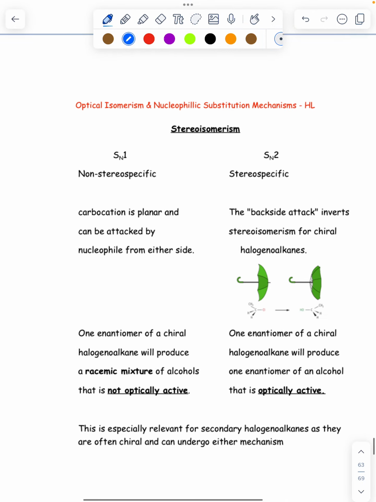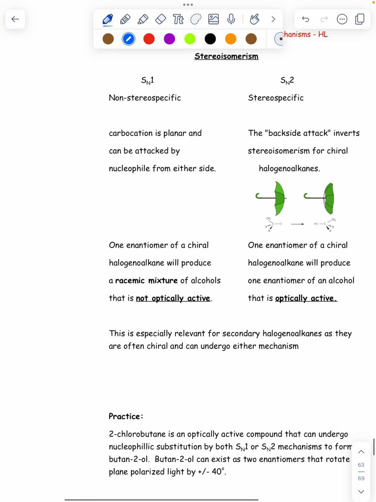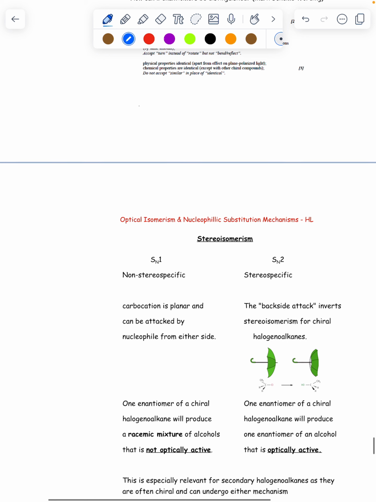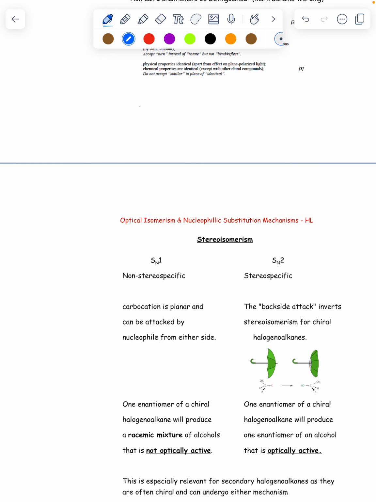Okay, here we go. Now, in HL, we also talk about chirality and this idea of optical isomers and enantiomers, these non-superimposable mirror images of each other. And so sometimes when we are doing a nucleophilic substitution reaction with a secondary halogenoalkane, we end up with a question where we might get asked about how the stereochemistry is affected, how the orientation of these molecules is affected.